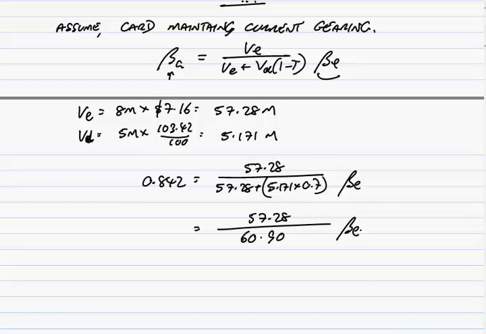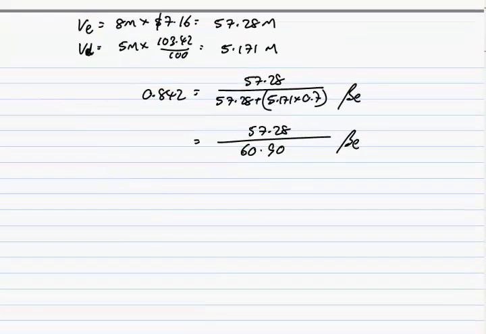I said before, I'll check the arithmetic, but arithmetic mistakes are only worth the odd half mark. Anyway, now I can get BE.